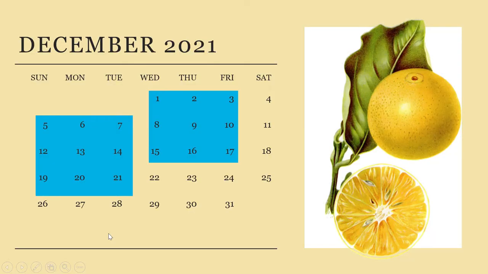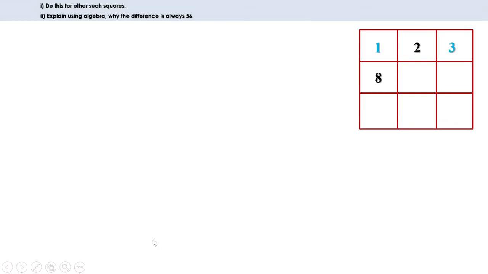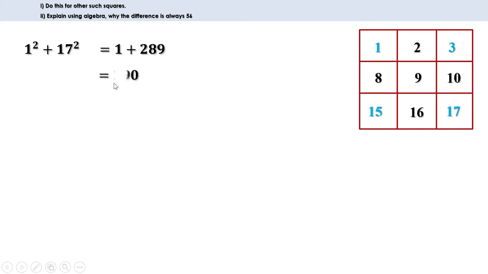First of all, let us look at a calendar and let us look at a square of 9 numbers. Let me take this square of 9 numbers, that is 1, 2, 3, 8, 9, 10, 15, 16, 17. Now let us find the sum of the squares of the diagonal numbers, that is 1 square plus 17 square. 1 square is 1, 17 square is 289, so the sum is 290.